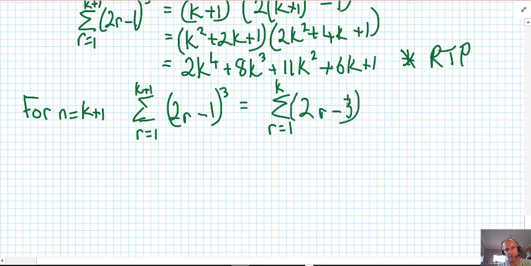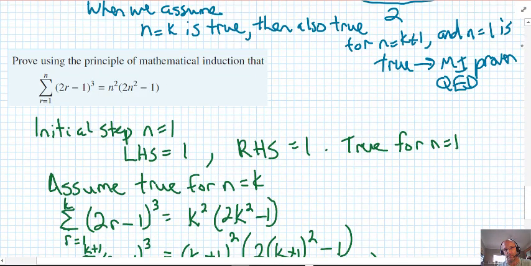Oh, that should be a 1. That's a 1. The 3 is there. And we add the inductive term on. Alright, so remember, every term is in that form, (2r take 1) cubed.